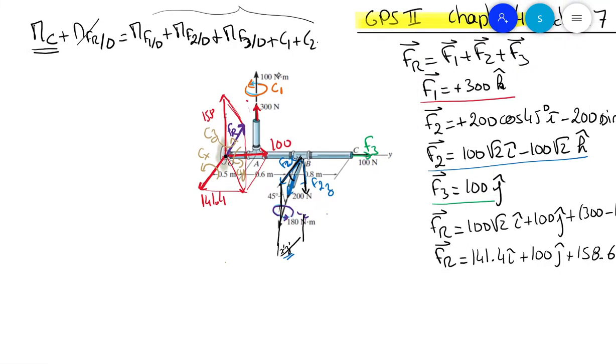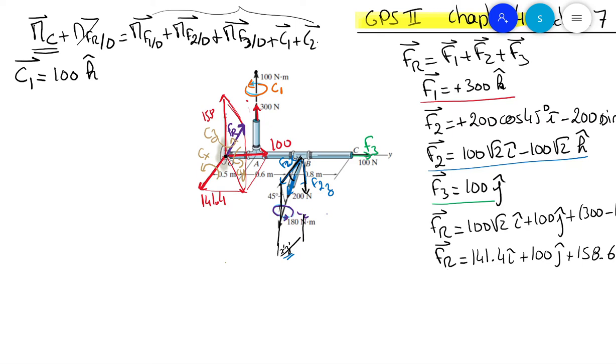Maybe the easiest are C1 and C2. So C1, and we will write them in vector Cartesian notation form, all of them. For C1, the rotation is about K, and it's 100 on K, and the question is whether it is plus or minus.